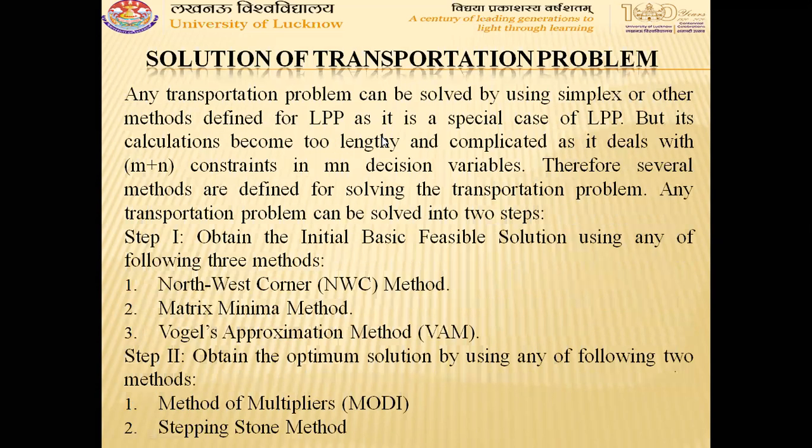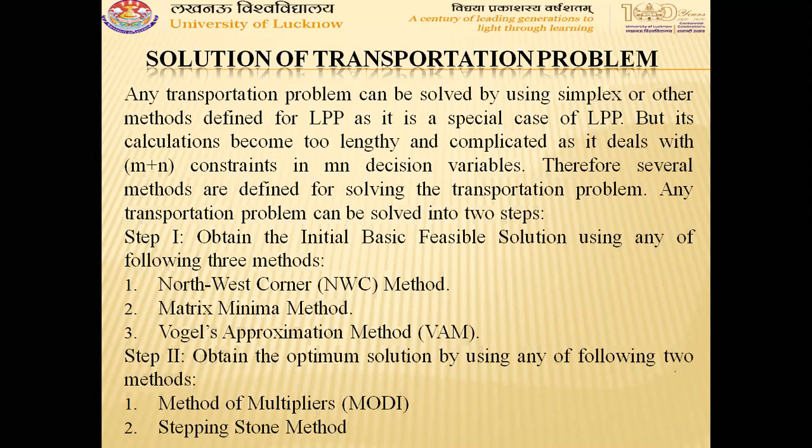So how do we obtain the solution of the transportation problem? Earlier we have discussed that the transportation problem can also be represented in terms of a linear programming problem. That is, the transportation problem is a special case of the linear programming problem. And we can solve the transportation problem in the same manner as the simplex method or big M method or two-phase method, as we solve the linear programming problem.